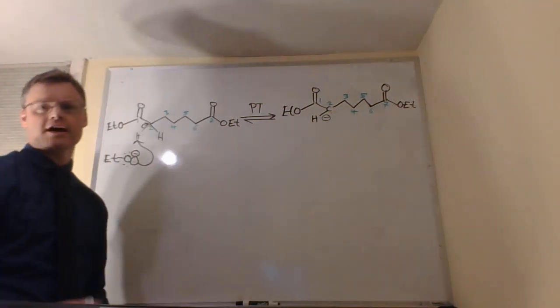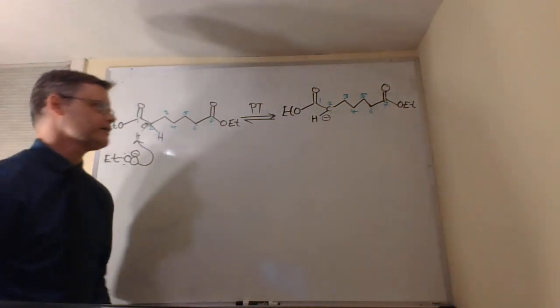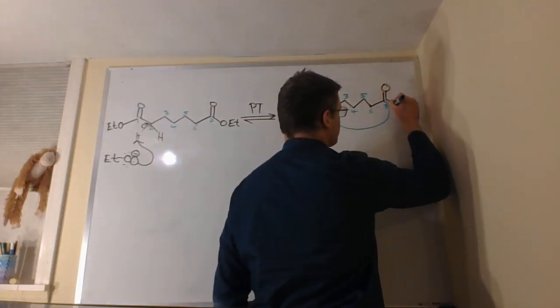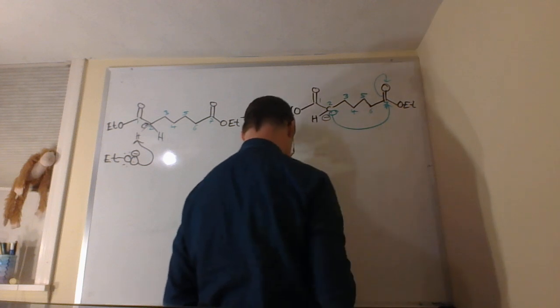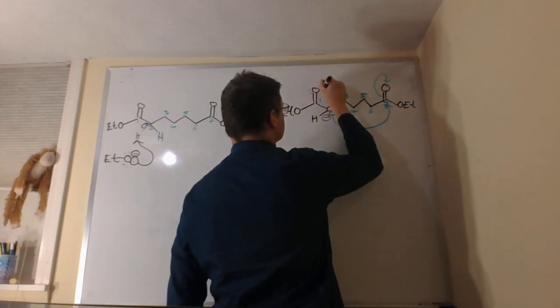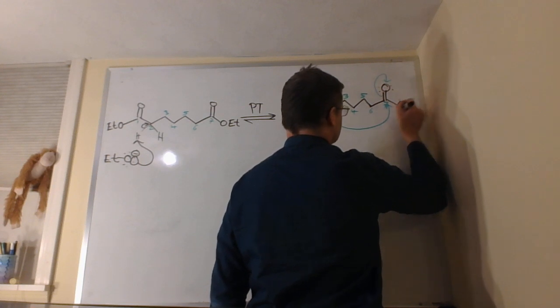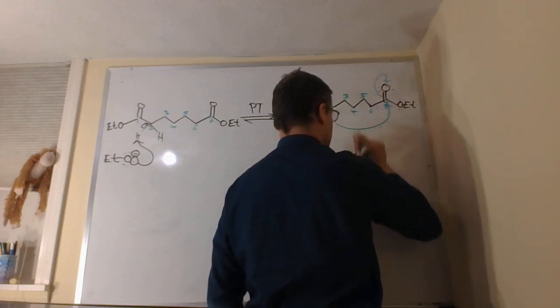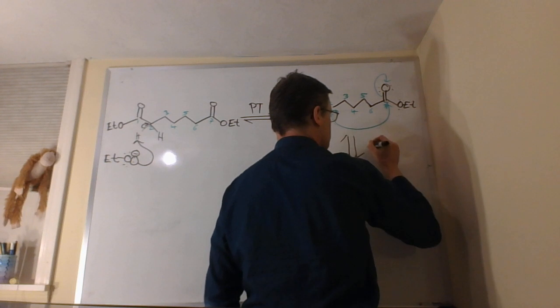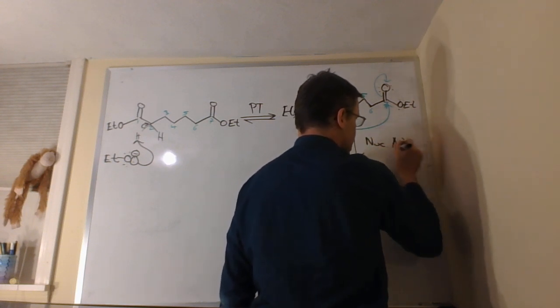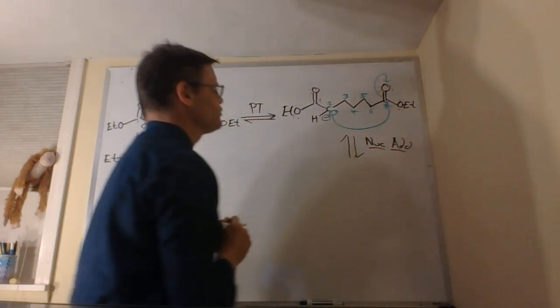Enolates are nucleophiles. They like to attack electrophiles. Here's an electrophilic carbon, a carbonyl carbon. So I'm going to do a nucleophilic addition. And here's where the numbers become very important.